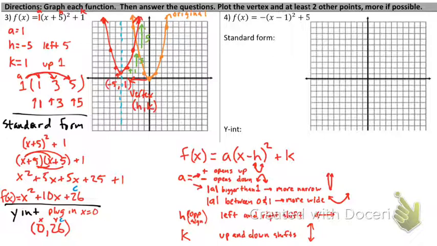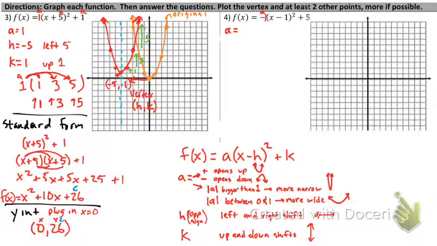Okay, there we go. Let's do number 4. We're just going to graph it. Okay, so standard form, y-intercept. My goal right here is just to graph. All right, so I can show you how this works. So let's go again and let's find the a value. Our a value is here.